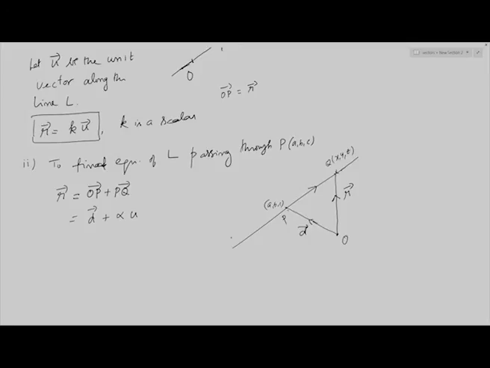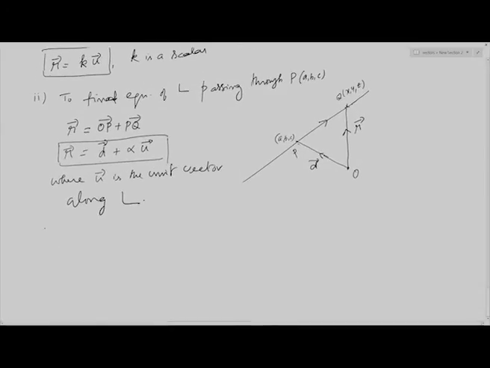So r is equal to d plus alpha times u, where alpha is a scalar and u is the unit vector along L. Since the point P is given, the position vector is d, and the equation of the line is r equals d plus alpha u, where u is the unit vector along L.